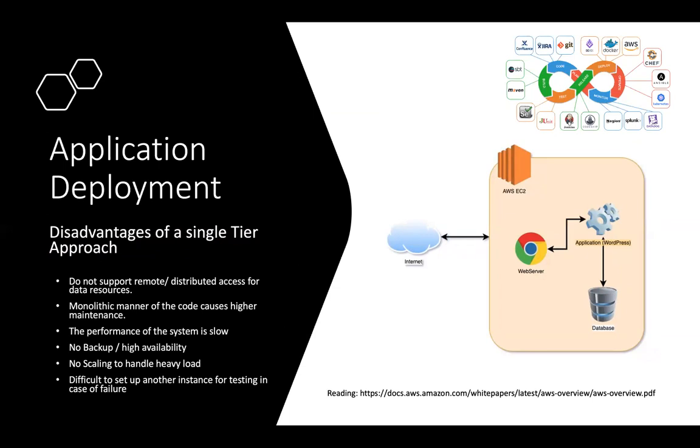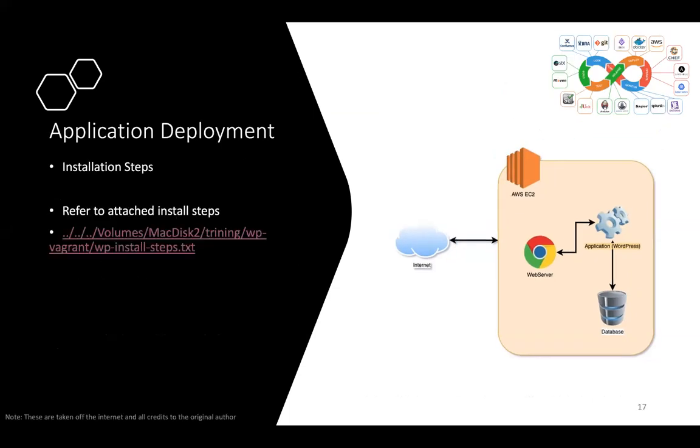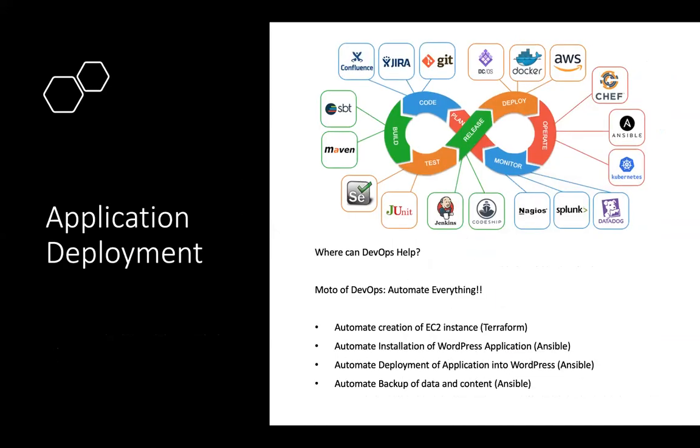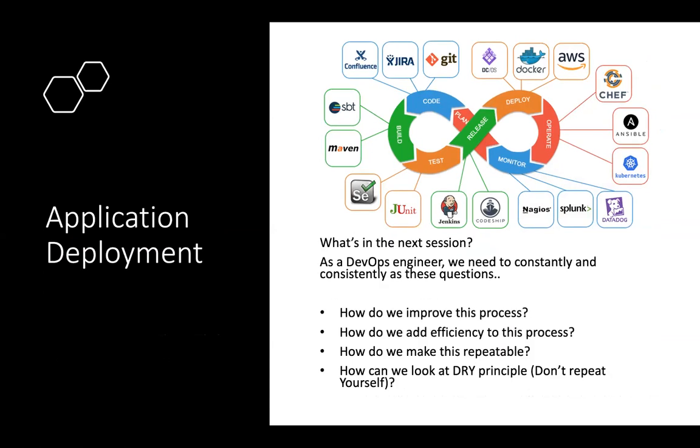As a DevOps engineer, you need to always think of the motto of DevOps, basically automate, or how do we automate everything, right? How we can do this, or how we can improve this process, how do we add efficiency into this process, how do we make this easily repeatable. Now, I've done this, I've taken probably 15-20 minutes to do this.